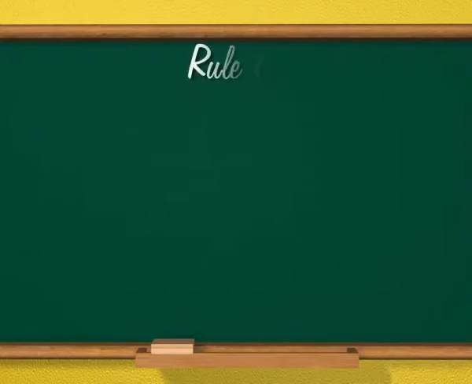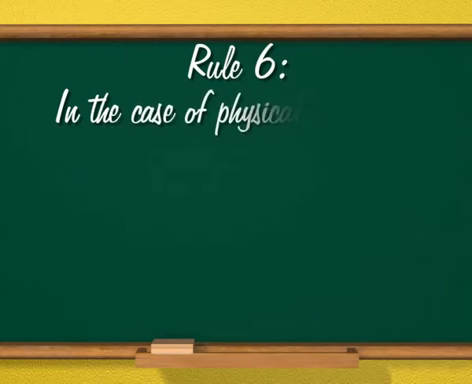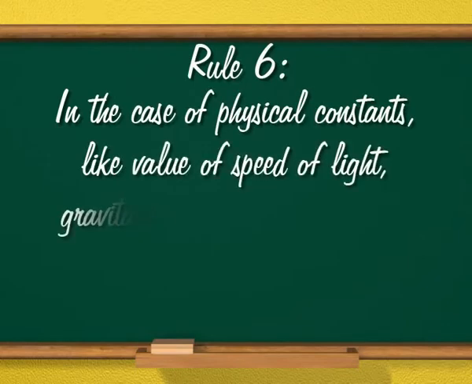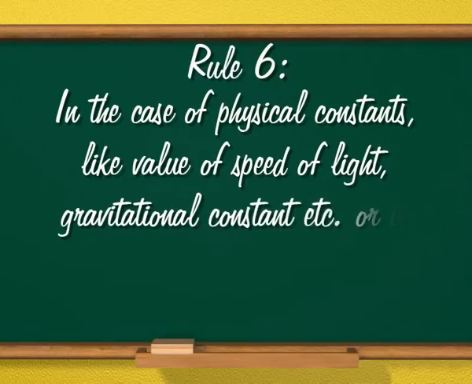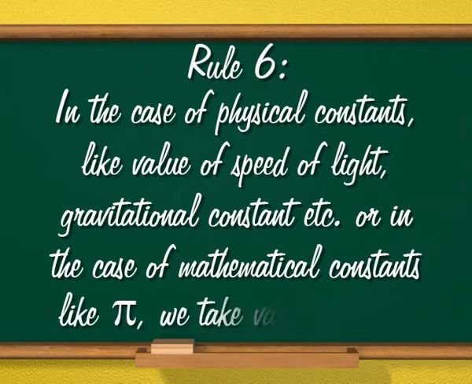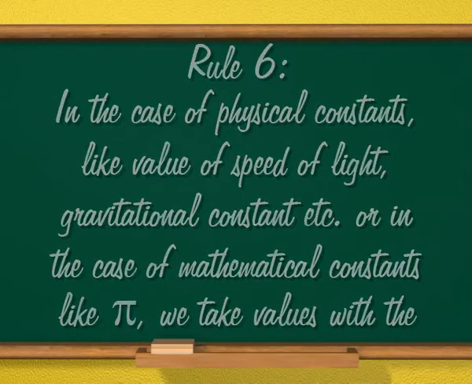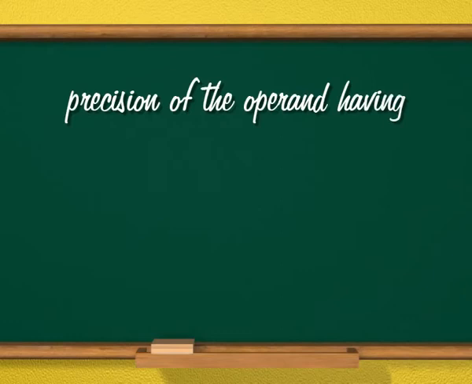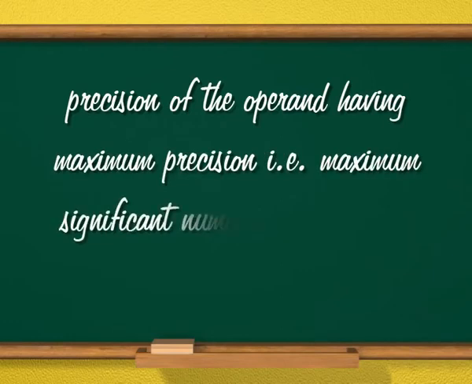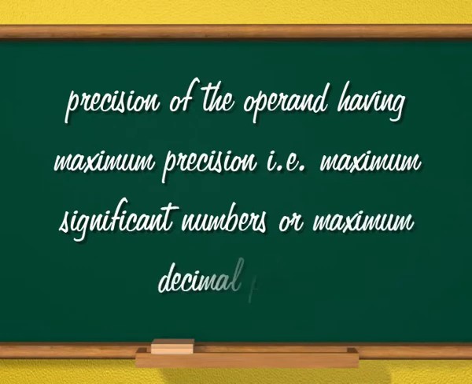And rule 6 is, in the case of physical constants like the speed of light, gravitational constant, etc., or mathematical constants like pi, we take values with the precision of the operand having maximum precision, that is, maximum significant numbers or maximum decimal places.